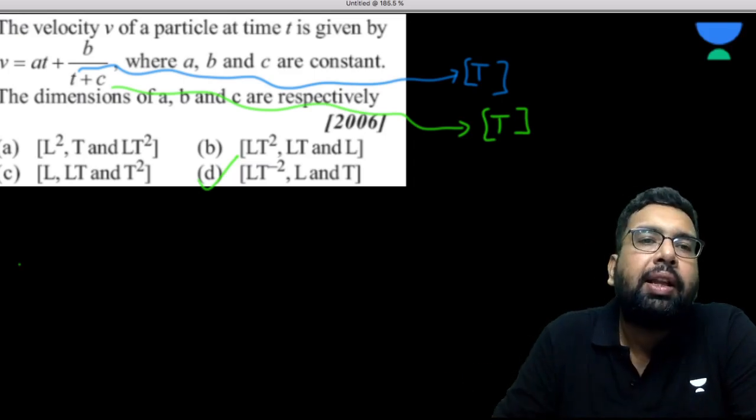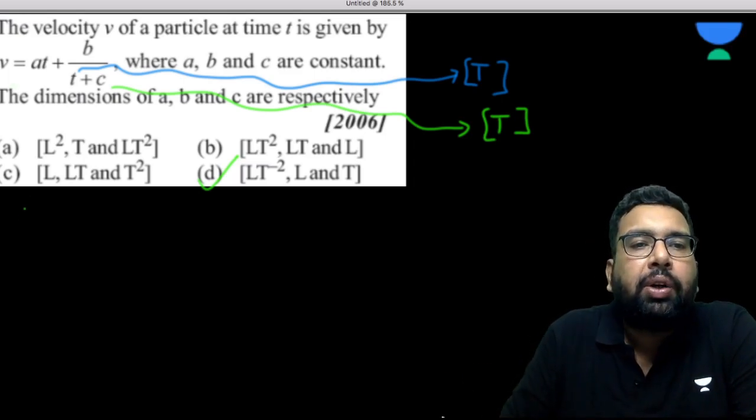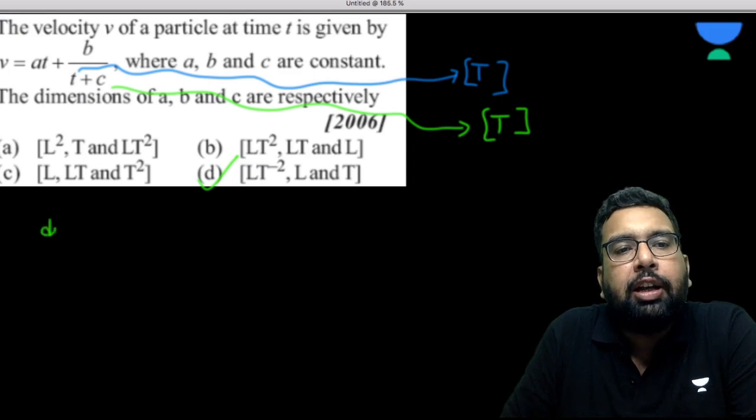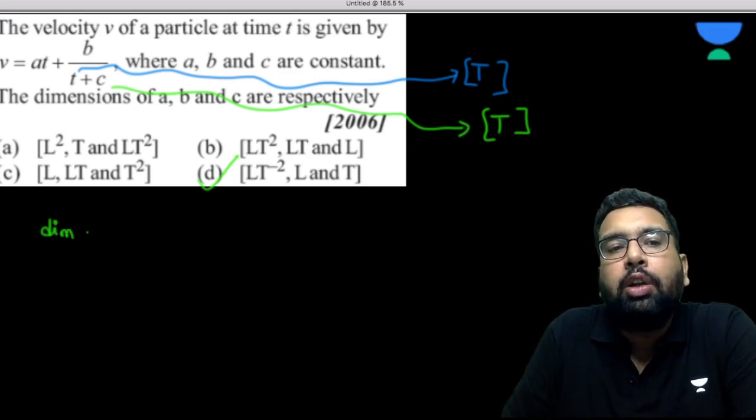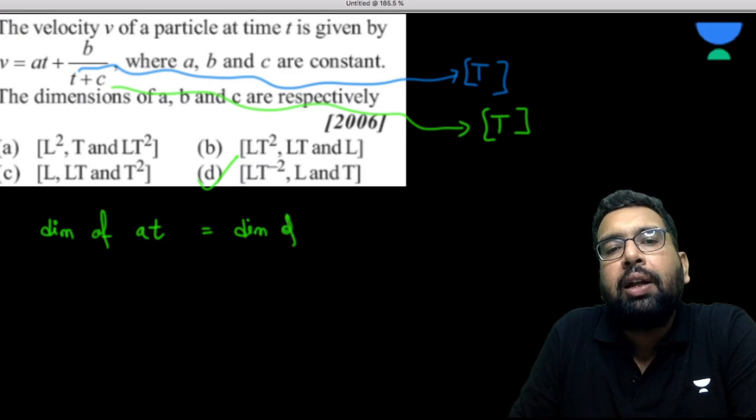On the left hand side we have V. The dimension of V is LT to the power minus 1, because it is the velocity. So we can say the dimension of At is equal to the dimension of V. So what is the dimension of T?